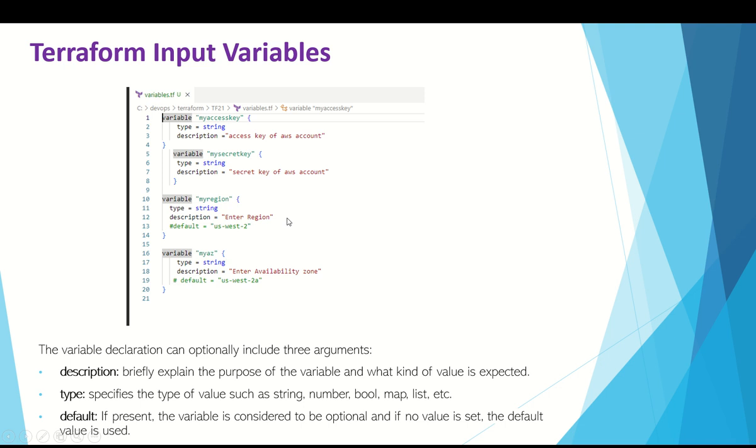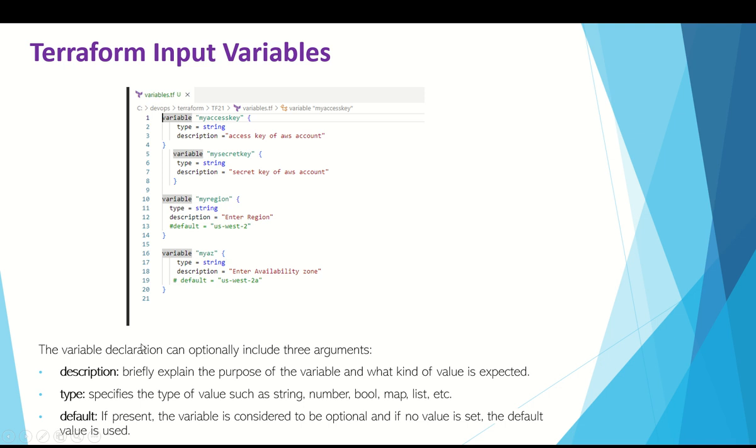If you hard code it, then obviously your secret key and access key don't work for your friend. Even for a region, if you just change the region here, there is no need to modify the entire code. Wherever you declare the variable, that will be updated when it takes the variable from this particular file.